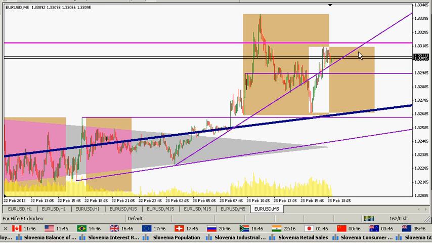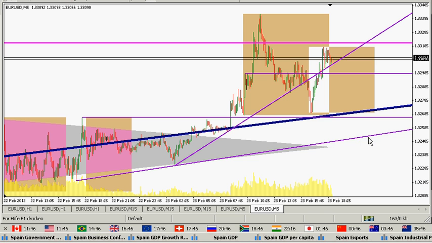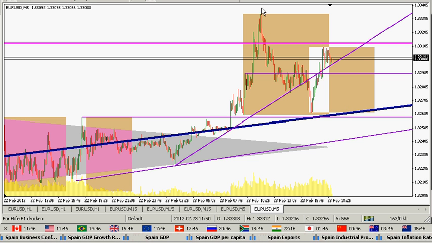However, you can of course go long here and take the stop here or here. So it's your own risk management. Interesting for today, the new highs.